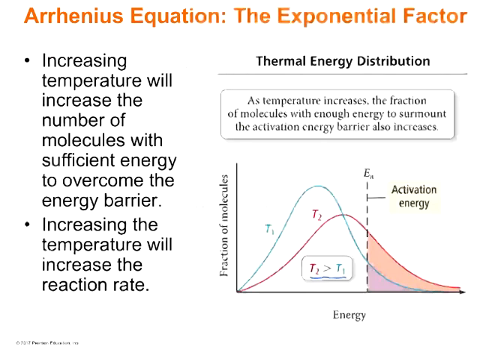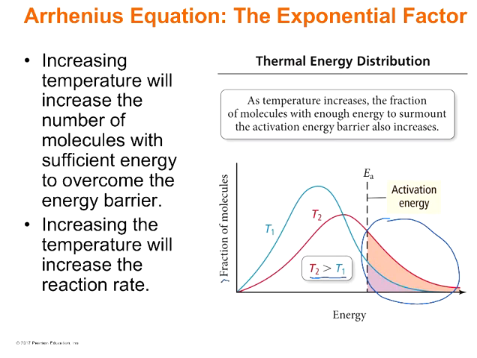But additionally, if we look at the right-hand side of those curves, as the temperature increases, the fraction of the molecules with enough energy to surmount the activation energy barrier also increases.